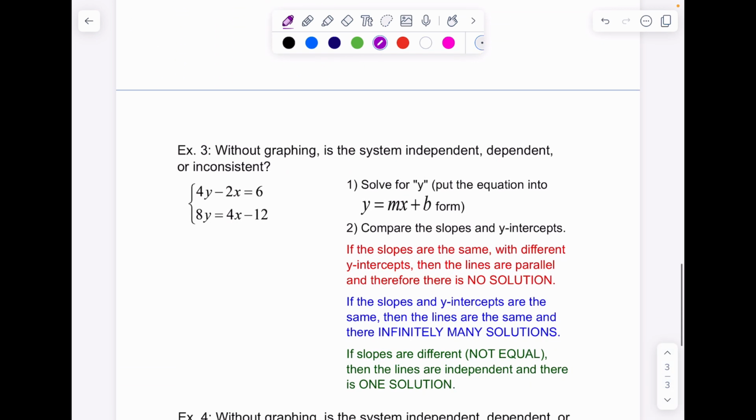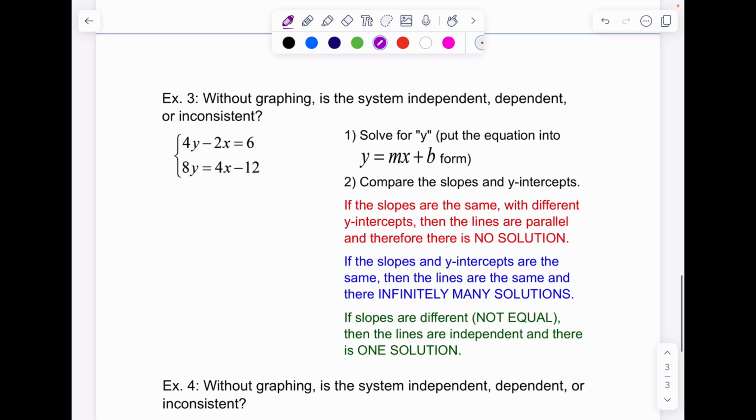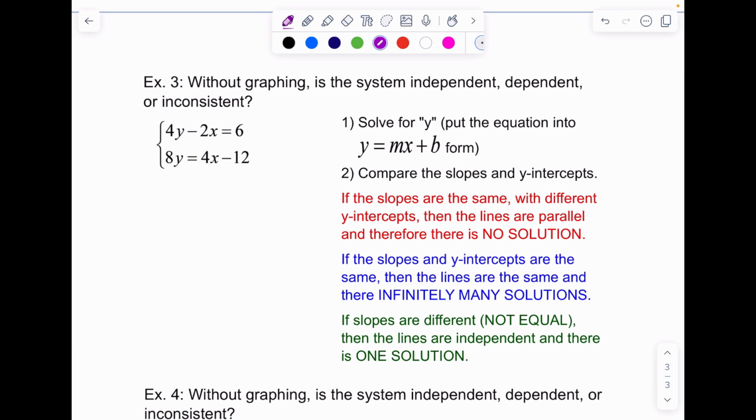All right, without graphing, is the system independent, dependent, or inconsistent? Well, let's check it out. Solve for y, first things first. I'm going to add the 2x, divide by 4. So y is going to be 1/2 x plus 3/2 after simplifying and reducing to lowest terms.